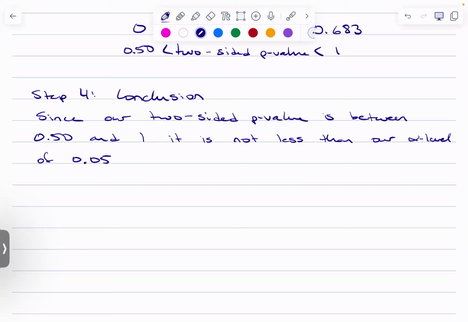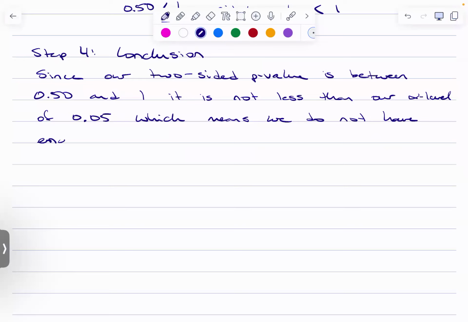Which means we do not have enough evidence to reject H naught.